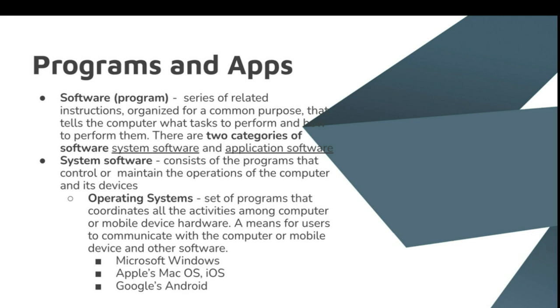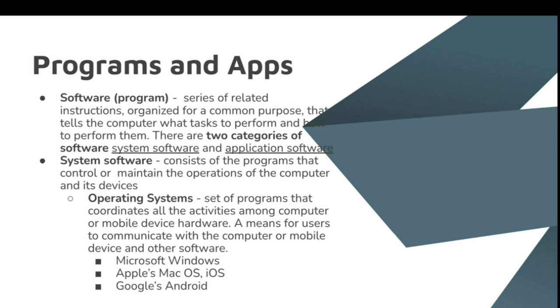Okay, programs and apps. Software or program, a series of related instructions organized for a common purpose that tells the computer what tasks to perform and how to perform them. The two categories are system software and application software. System software consists of programs that control or maintain the operations of the computer and its devices.